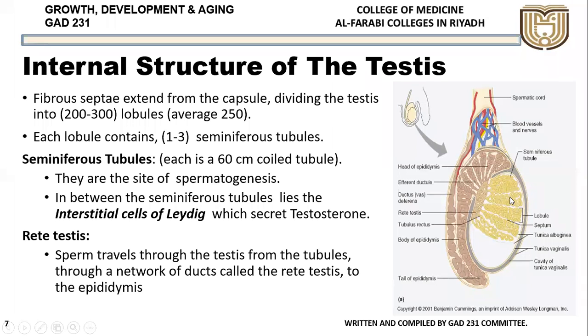If you see here, this is a septum coming from the fibrous capsule going towards the rete testis. This is one lobule, this is one lobule. Between the two septa is called a lobule. So there are 200 to 300 lobules, approximately 250 on average.